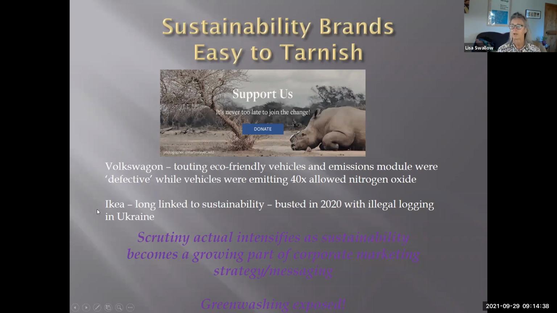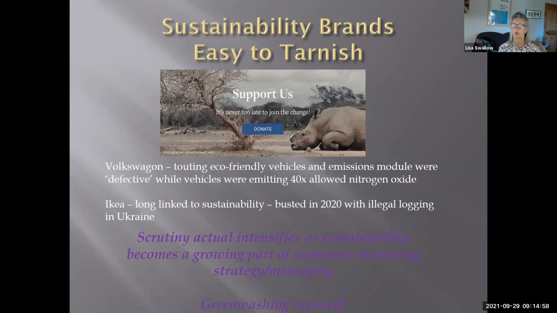Or IKEA, right, out of Sweden, who's long been linked to sustainability. They were some of the first that engaged in very low or no packaging, low cost, because the consumer could assemble the product themselves.